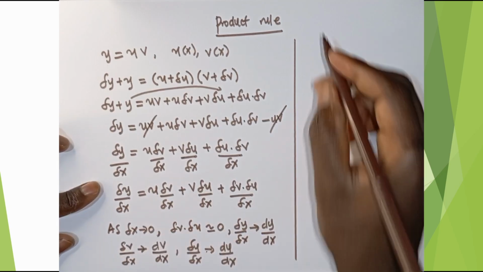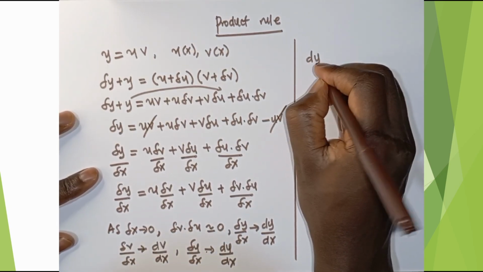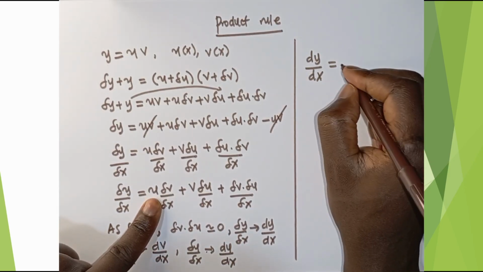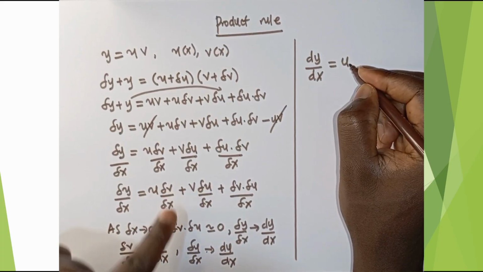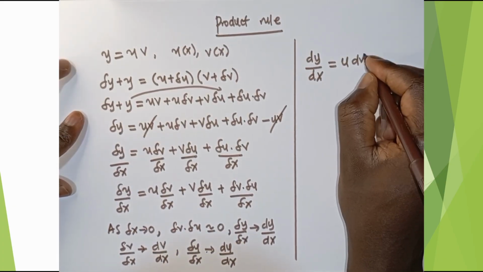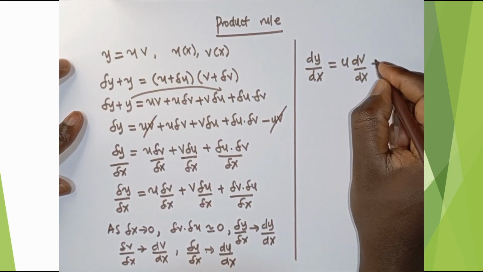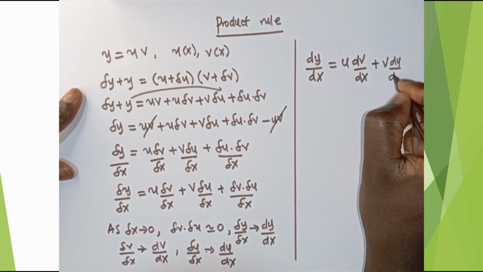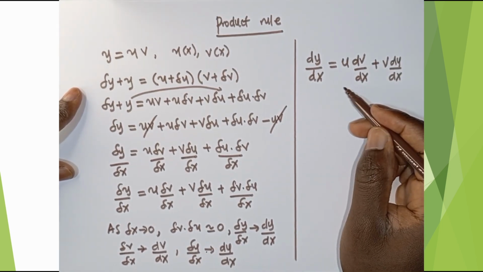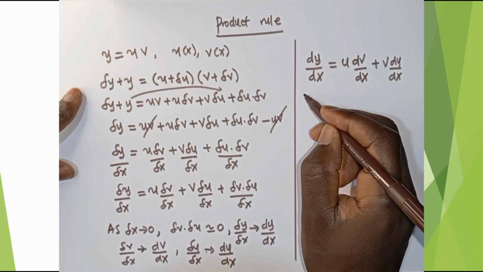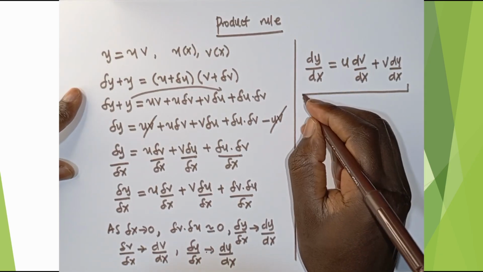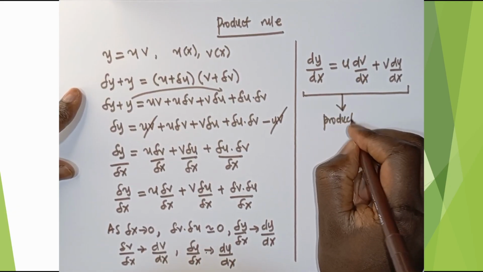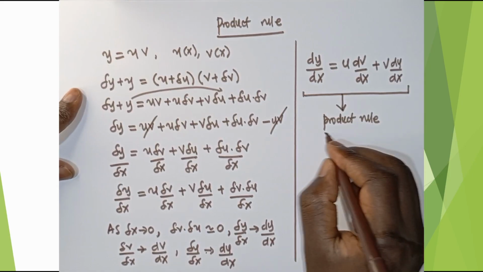So when we put it together we have dy by dx is equal to u dv dx, plus v du dx. This is what is known as the product rule.